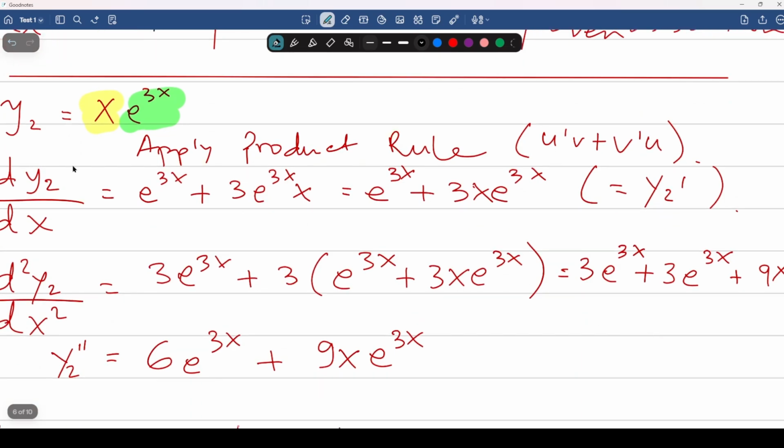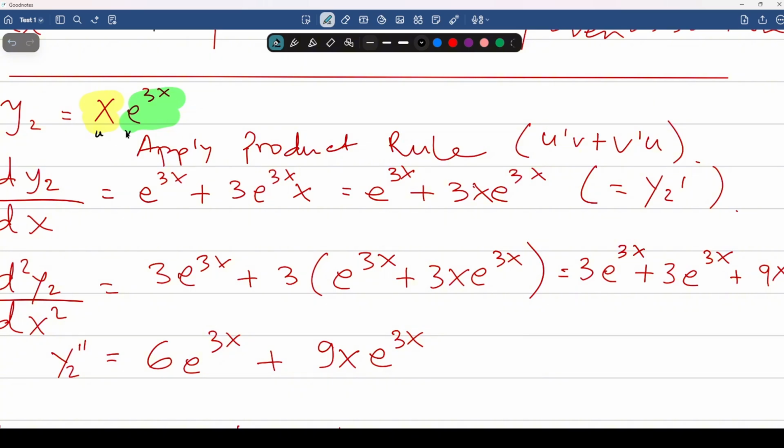Similarly, for the second function x e to the power of 3x, we again take the first derivative and the second derivative, because the original equation is a second order differential equation. But this time we have to apply the product rule, because we have two terms multiplied together. Imagine x is our u and e to the power of 3x is our v.